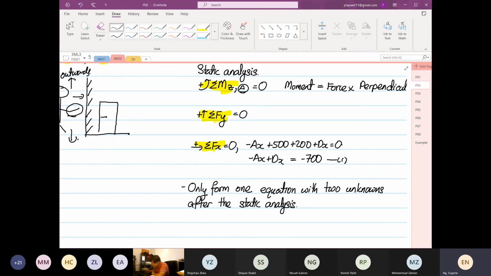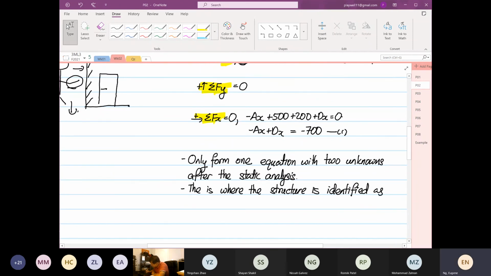So this is where the structure is identified as statically indeterminate. Okay, we cannot use static analysis to solve it.